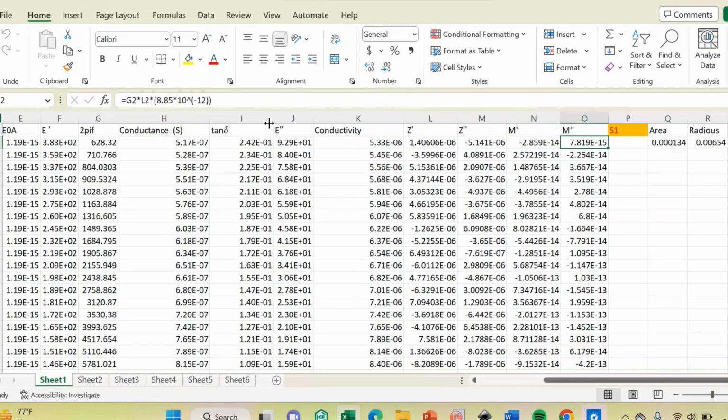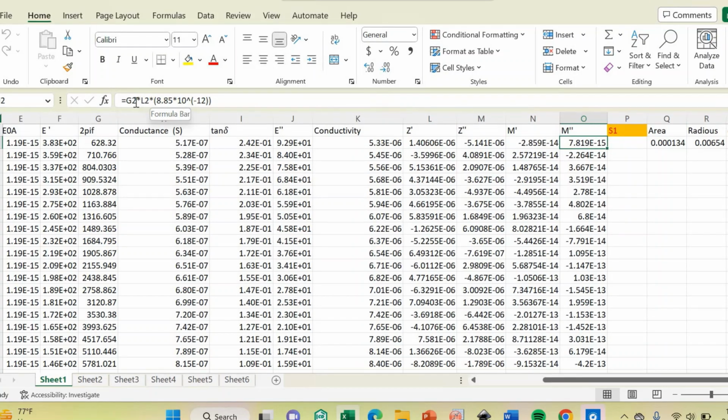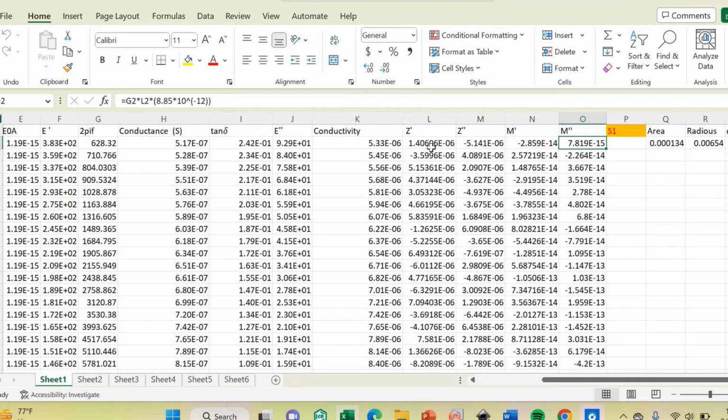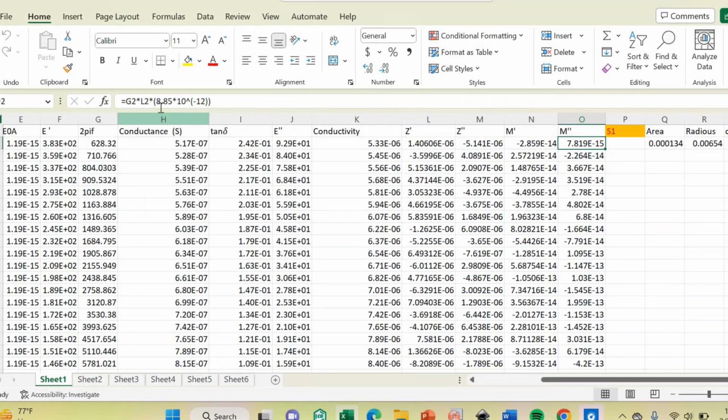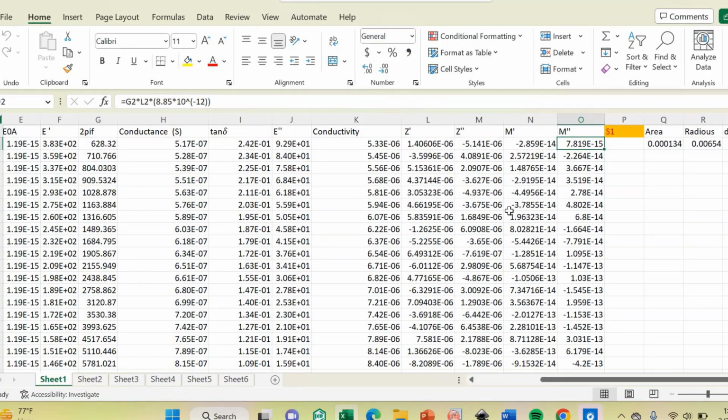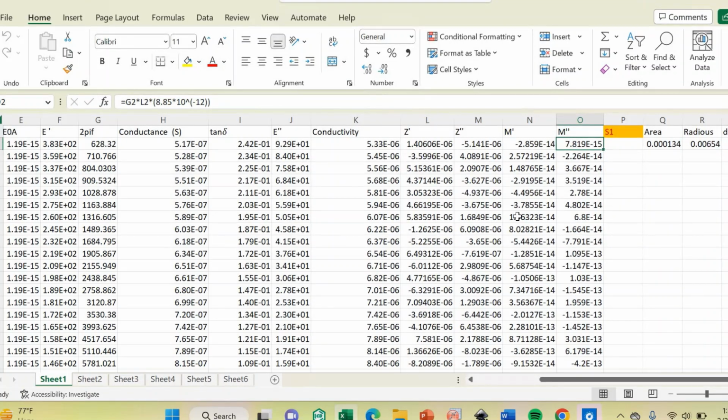For M double prime, you need G2 into L2, where L2 means Z prime, and 8.85 into 10 to the power minus 12. This is a constant value. Using these formulas, you can calculate your electrical data easily.